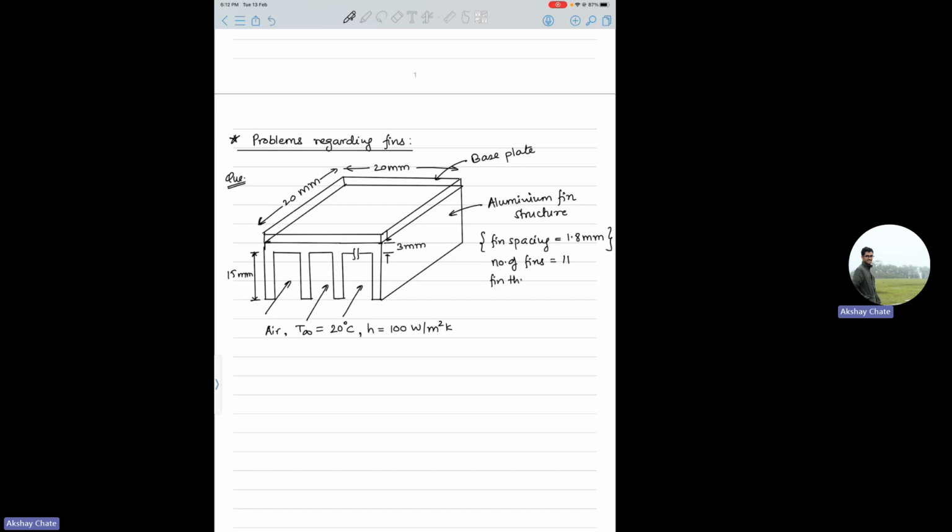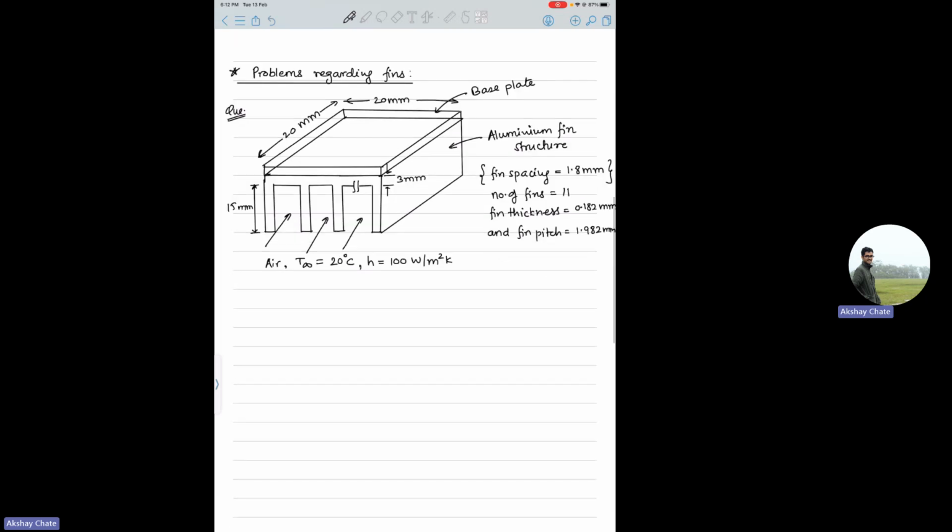Fin thickness is 0.182 mm. And fin pitch. So pitch indicates the gap between two fins is 1.982 mm. Okay.